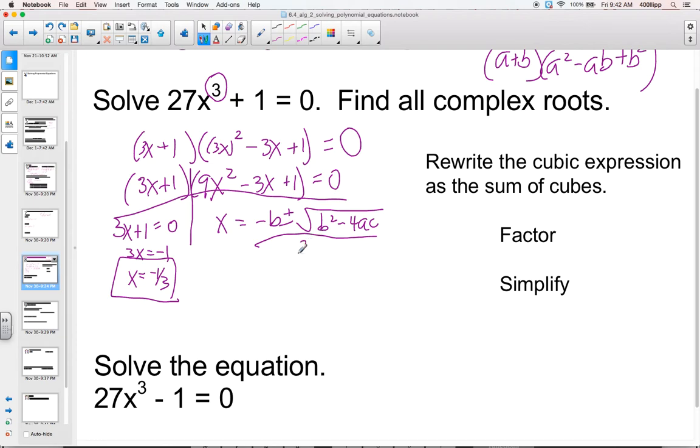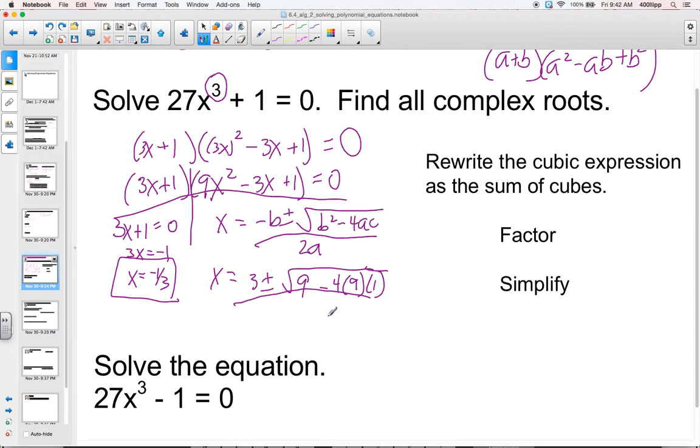all over 2a. Okay, so plugging in, we get x is equal to negative negative 3 is 3 plus or minus the square root of, I have negative 3 squared is 9 minus 4 times 9 times 1. Okay.